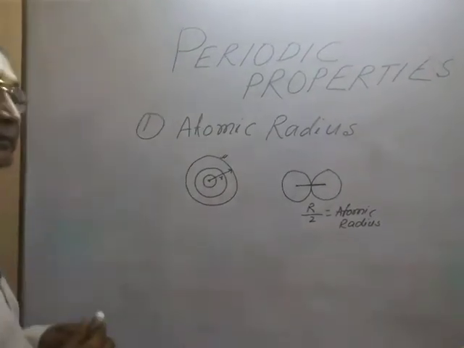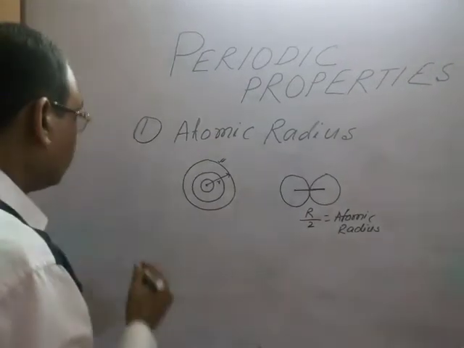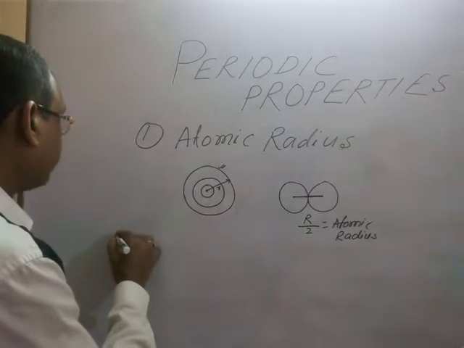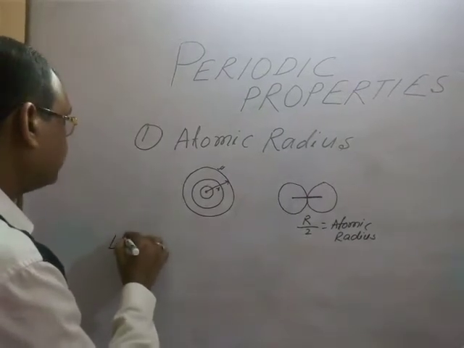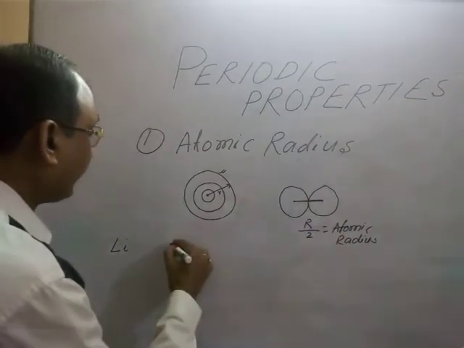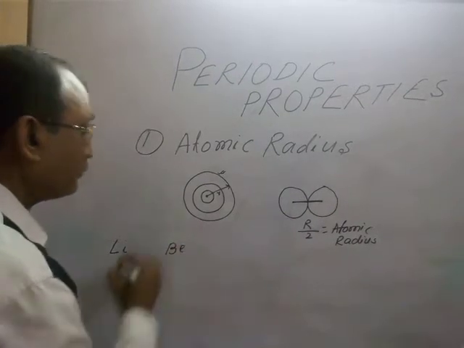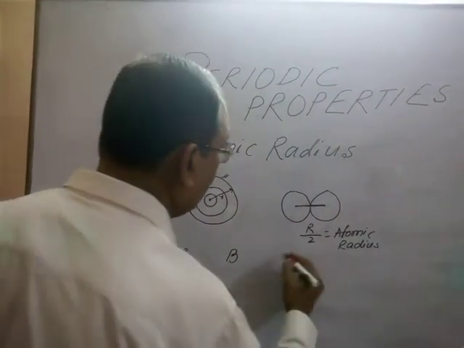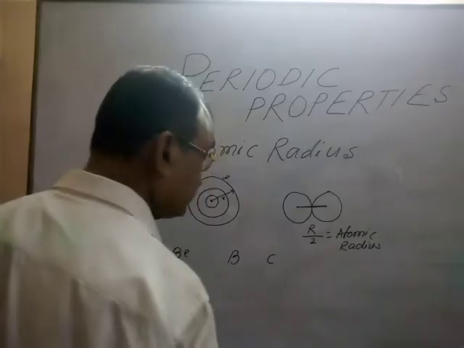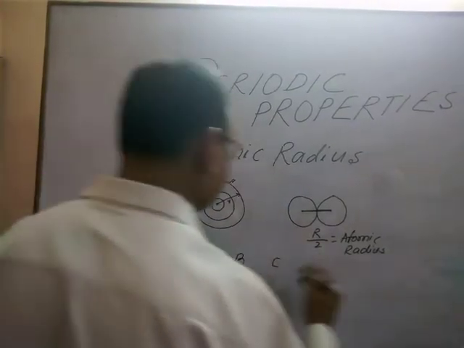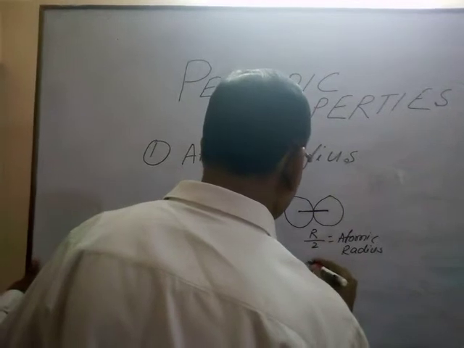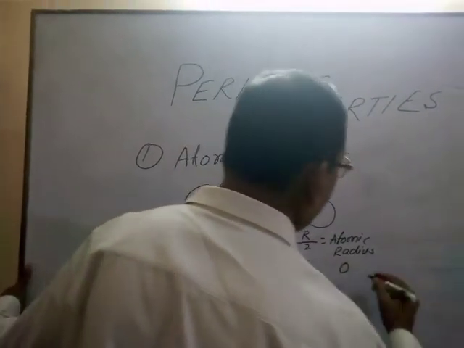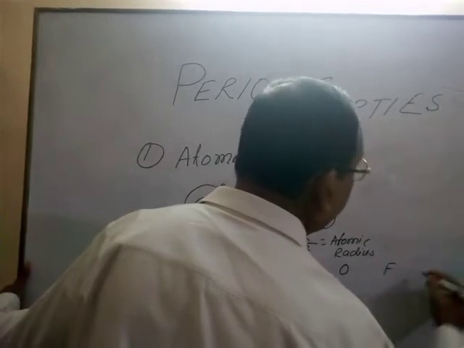If we consider period 2, in period 2 there are lithium, beryllium, boron, carbon, nitrogen, oxygen, fluorine, neon.